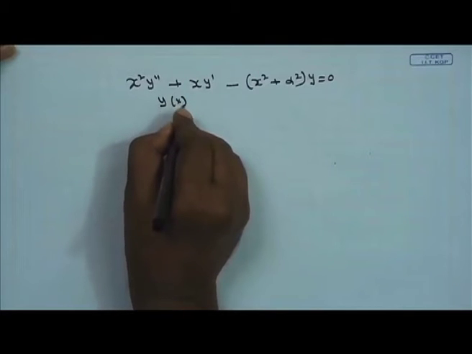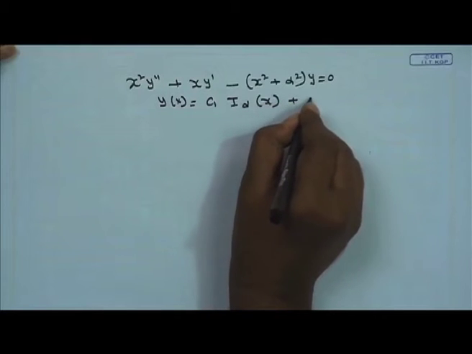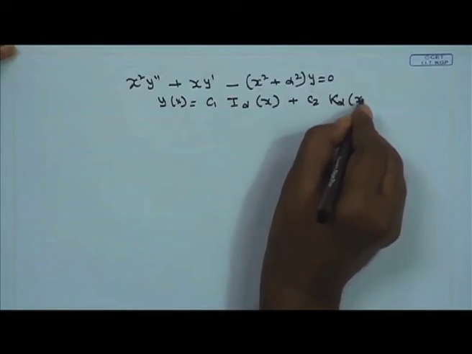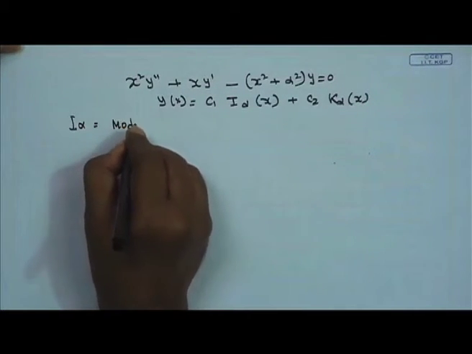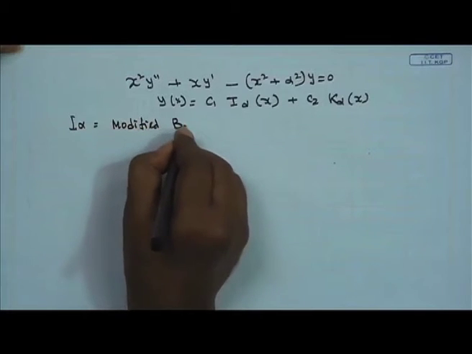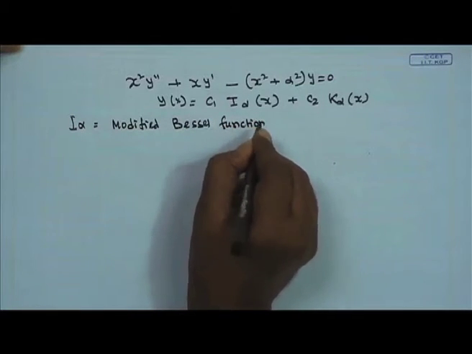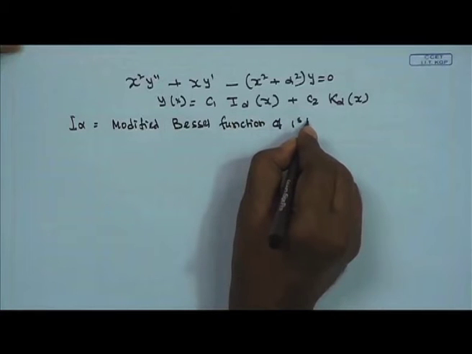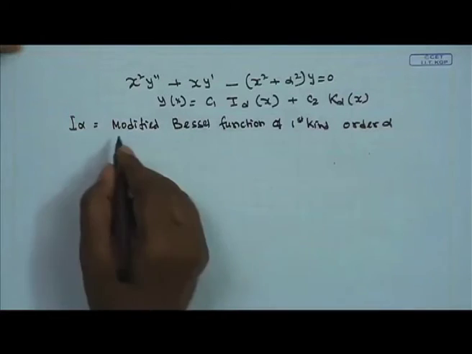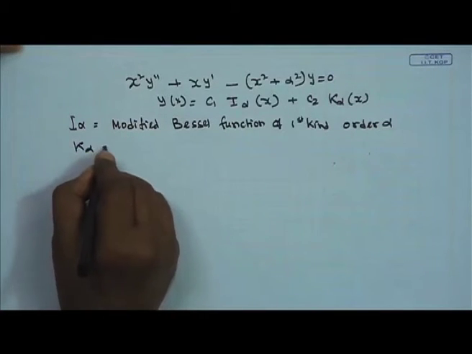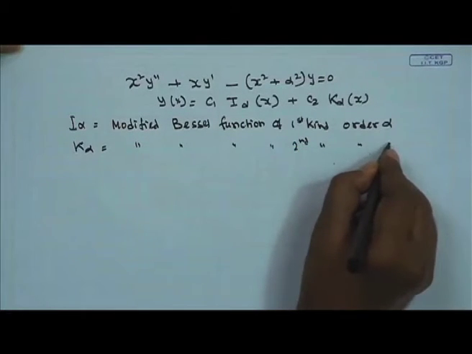So the solution is y(x) equal to C1 I alpha x plus C2 K alpha x, where I alpha is known as modified Bessel function of first kind of order alpha, and K alpha is modified Bessel function of second kind of order alpha.